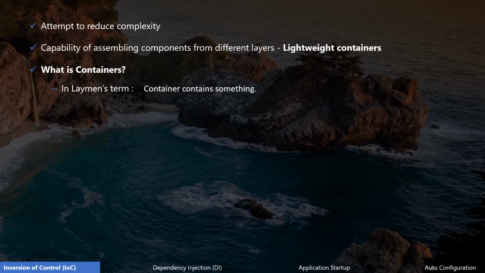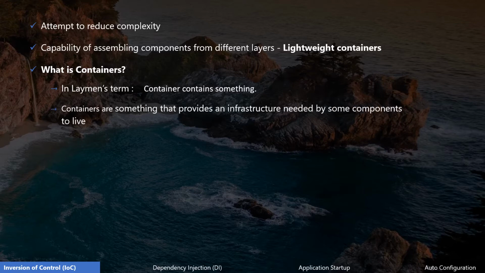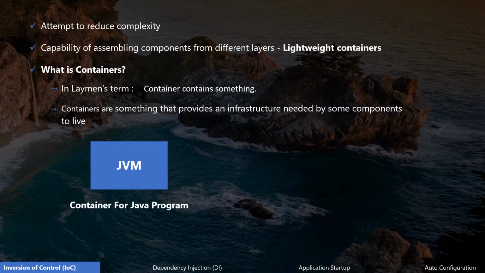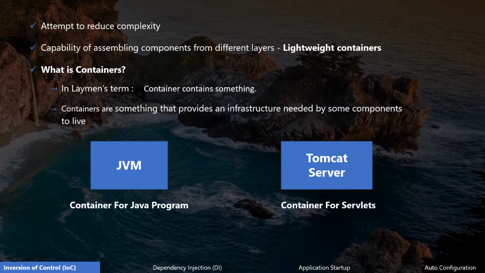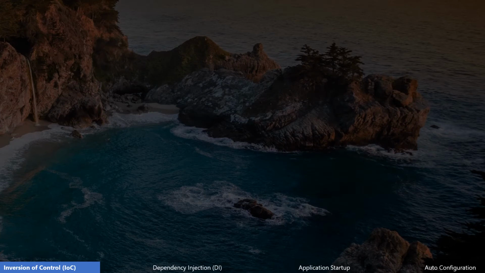If we go one step ahead with this definition, we can say containers provide an infrastructure needed by some components to live, right? If we see this definition in the Java and Spring world, we can imagine the JVM as a container to run a Java program, or a Tomcat server as a container to run a servlet. So keep this information safe in your mind, and now let's look into what is IoC.